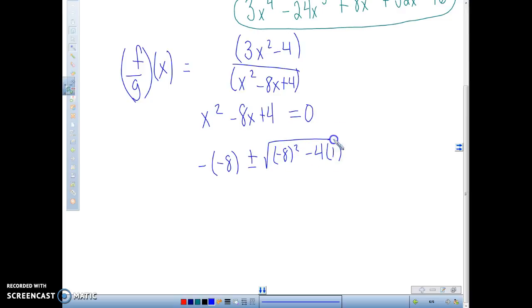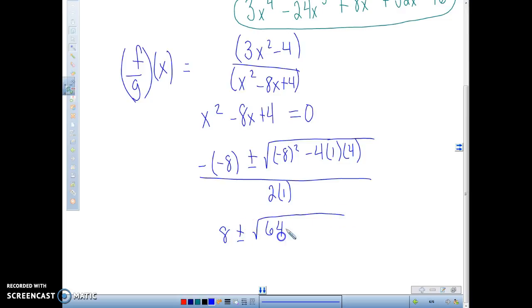You guys know this well now, so we will just write all the steps out. So a negative 8 is a positive 8. Negative 8 squared is 64. 4 times 1 times 4 is 16, so we have minus 16 all over 2. 64 minus 16 is 48, so we have 8 plus or minus the square root of 48 all over 2.